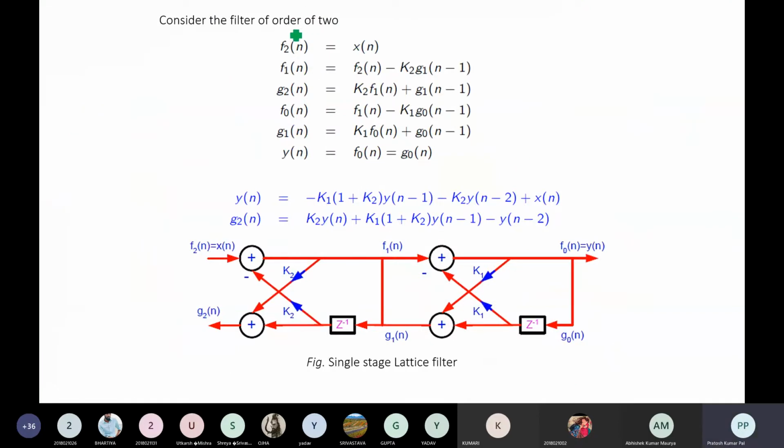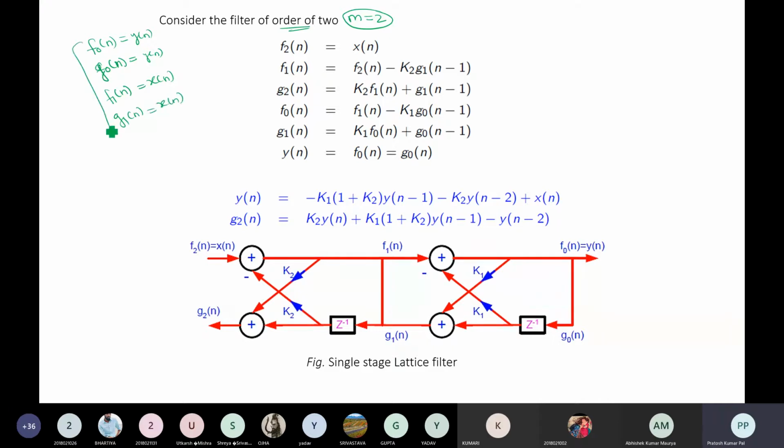Now we will consider order 2, or m is equal to 2. In m is equal to 1, f0 of n and g0 of n, these two were equal, that was y of n, and also f1 of n is equal to x of n, and g1 of n is equal to x of n.